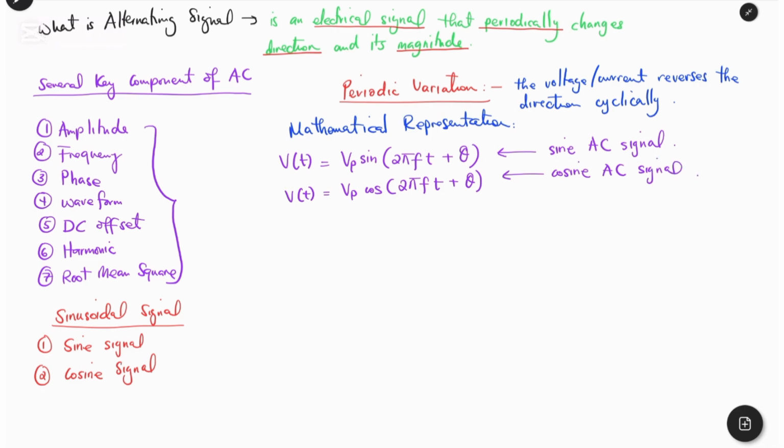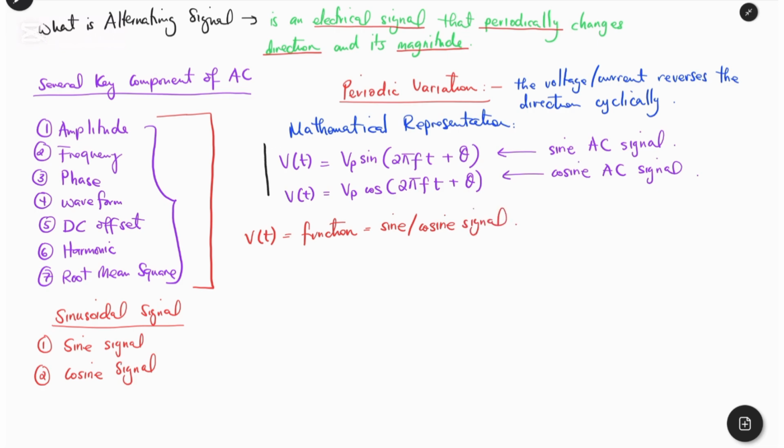By looking at this equation, it covers all of these key components. Those key components can be found in this mathematical representation. And the V(t) is nothing but a function which represents the sine or the cosine signal.